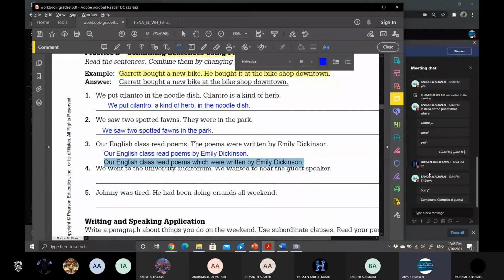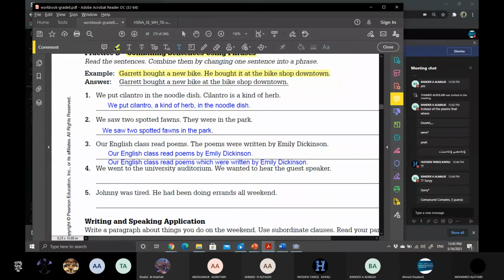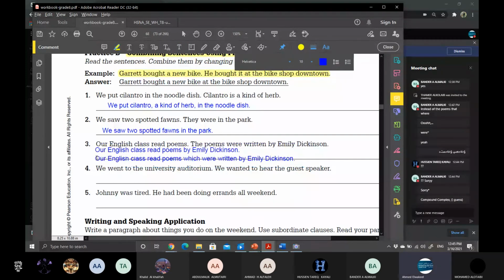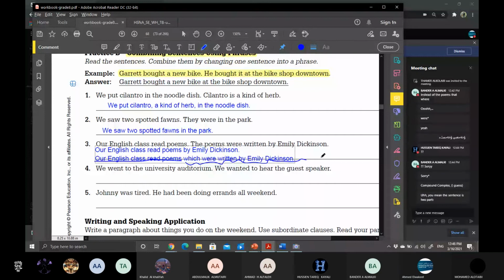No, it's not. It's only complex because you have here two clauses. Our class read poems. That's an independent clause. Which were written by Emily Dickinson. That's a dependent one. So you have two clauses, one independent and one dependent.